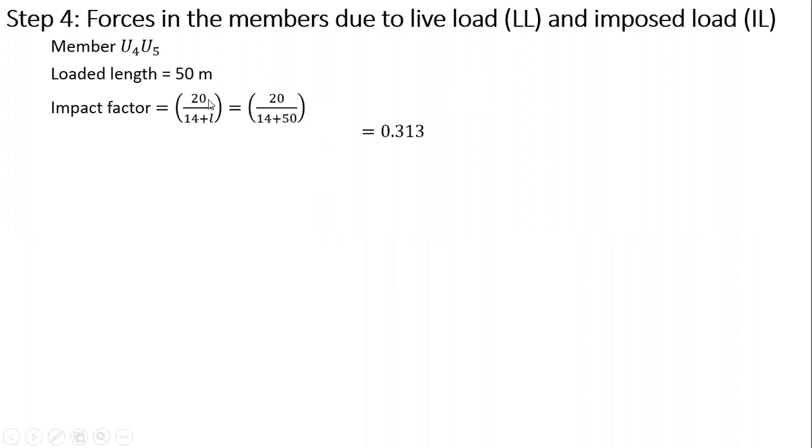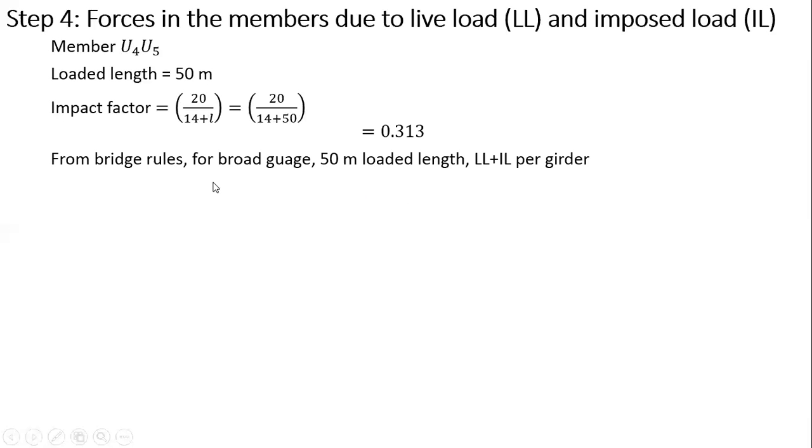So this comes out to be 20 plus 14 plus L, with span 50 meters, 0.313. Now from bridge rules for broad gauge, 50 meter loaded length, live load plus impact load will be how much? This is my live load, so full live load will be considered, and this is my impact factor. So live load is increased by impact factor, into 1 by 2 of 4380.